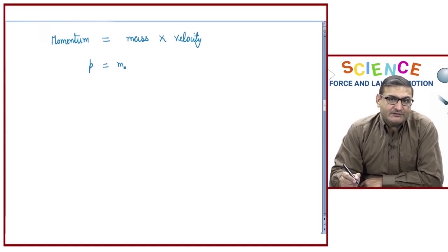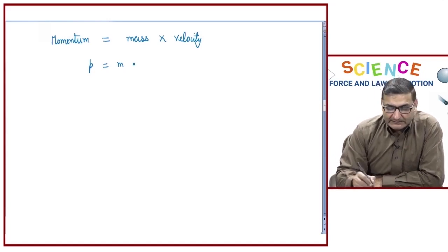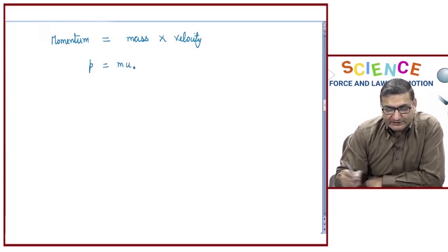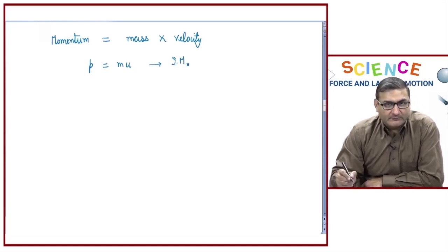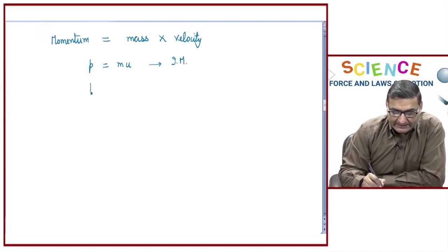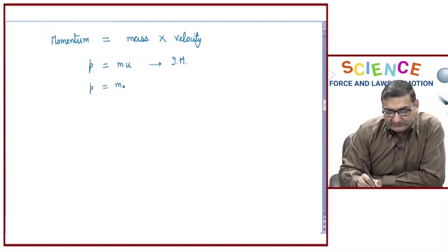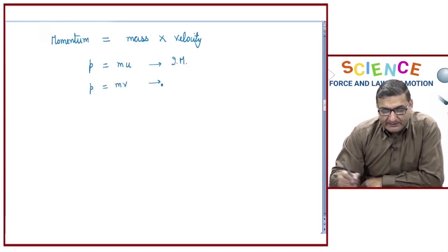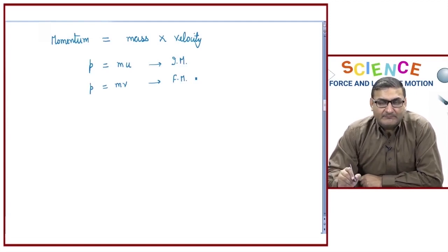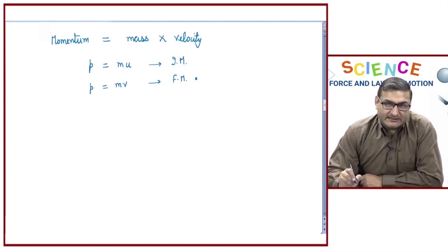If the initial velocity of the object is given, we take the initial velocity, and this will be the initial momentum of the object. Again, if the final velocity is given, we represent it with v, and then p is equal to m into v will be the final momentum of that particular object.